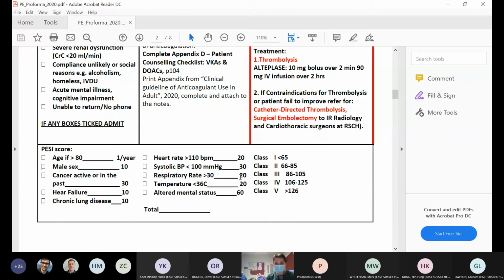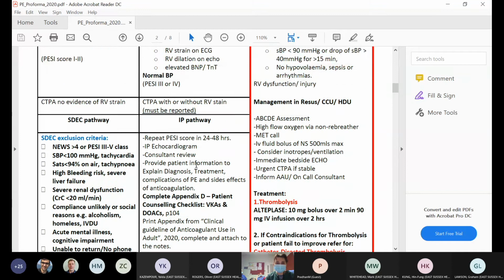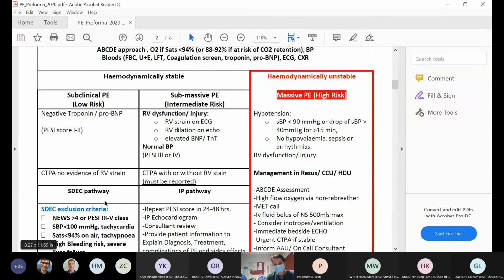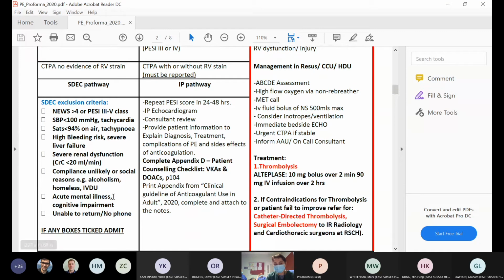So the next step would be submassive PE. Basically, it tells you any evidence of right ventricular strain or subclinical PE. And the subclinical PE pathway tells you about ambulatory criteria, so just spend a few seconds to look at the ambulatory criteria.